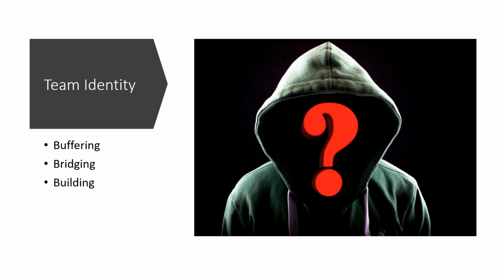The second strategy is what we call bridging. Now, bridging is a concept where you are reaching out to key stakeholders. Now, no team, as I said earlier, works in isolation. We all work with other entities. We can't achieve what we can achieve without the input from other entities.